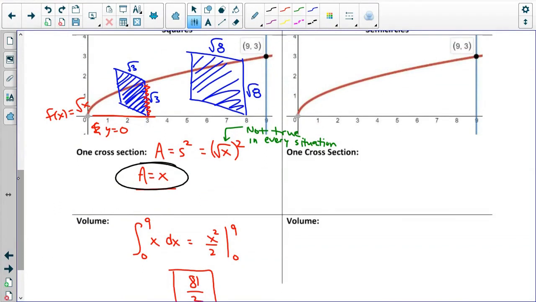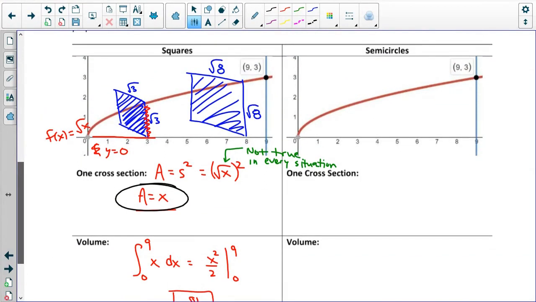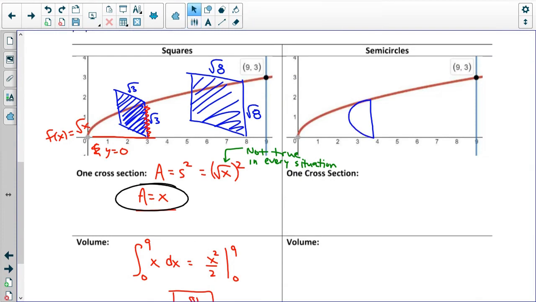Okay, semicircles. So if I have a semicircle, this picture is not necessarily that easy, but I will try to draw one of them. And I'll pretend that this is at 4. So if that's the case, my diameter is 2.